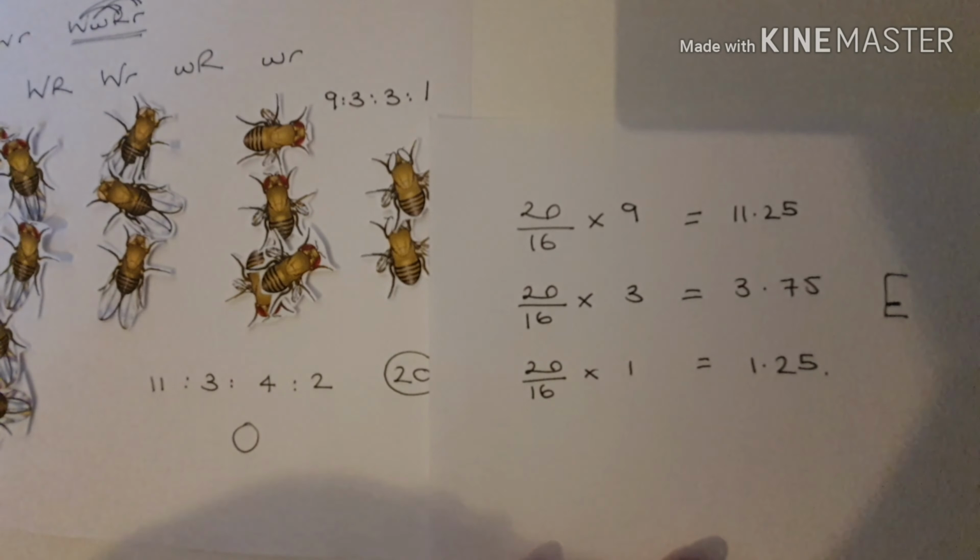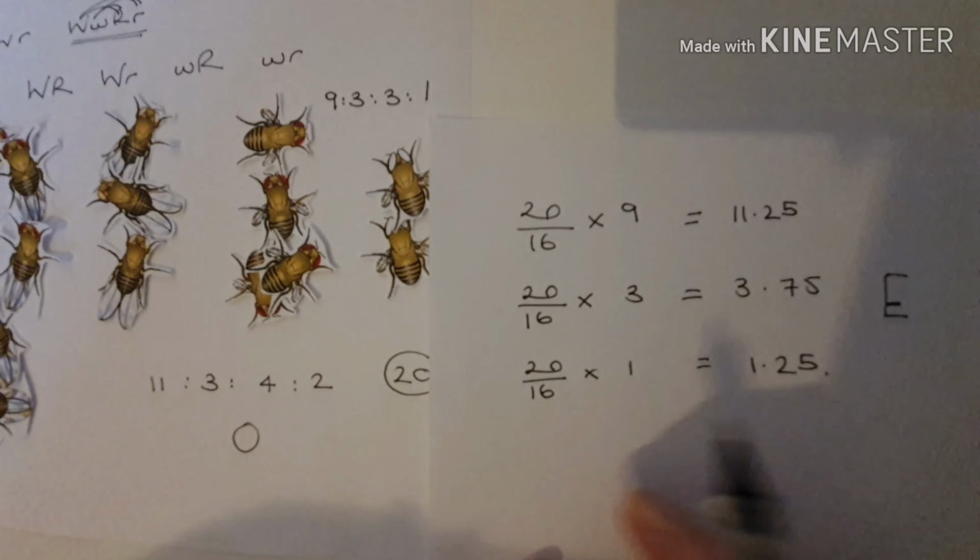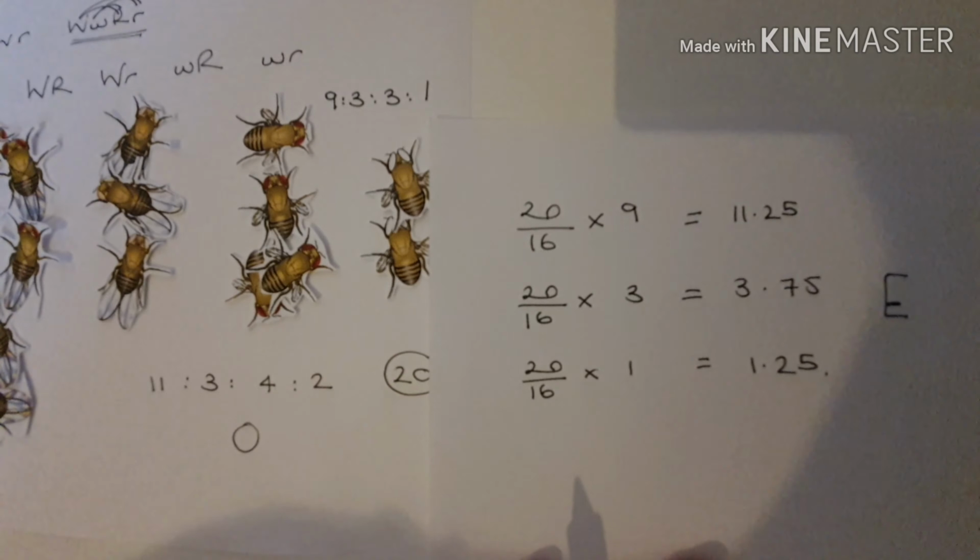So when you're doing your table, you need the observed, then the expected, then the third column you do observed minus expected in each of the 4 phenotypes. Then you do observed minus expected squared, and then observed minus expected squared over expected.